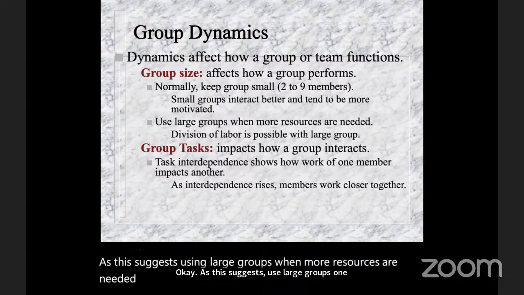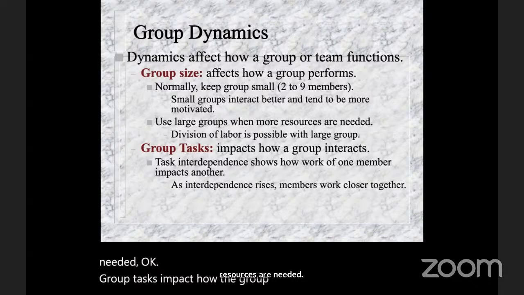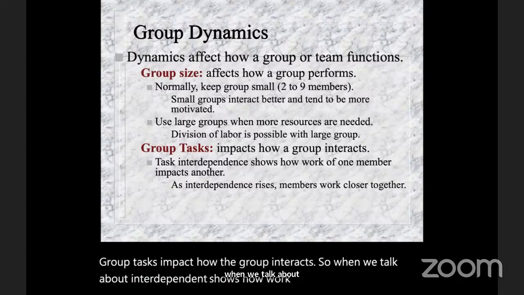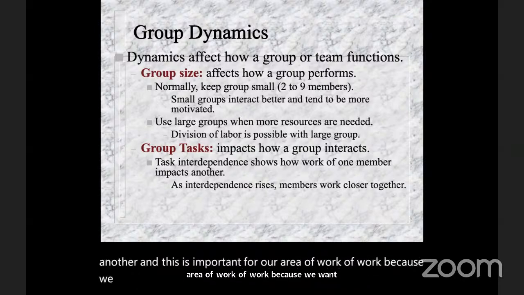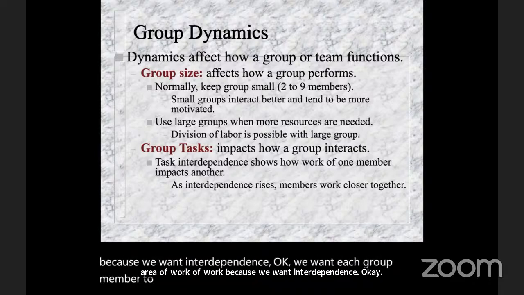Okay. Group tasks impact how the group interacts. So when we talk about interdependence, it shows how the work of one member impacts another. And this is important for our area of work because we want interdependence. Okay. We want each group member to have some type of positive influence on each of the other group members.